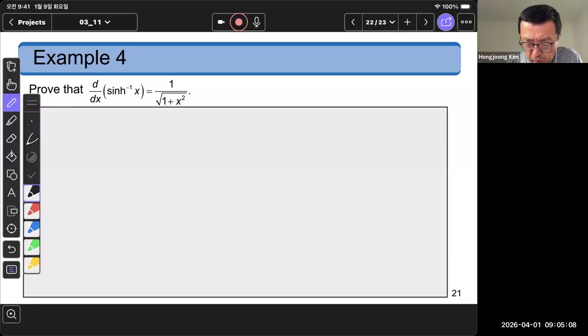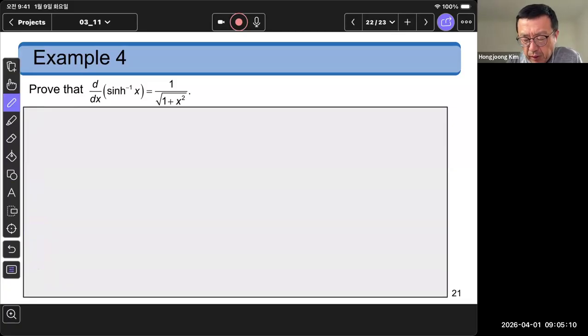Using this, say I have the inverse of hyperbolic sine of not x but, say, hyperbolic cosine of x, something like this. If I have this y function, how can I find dy/dx?